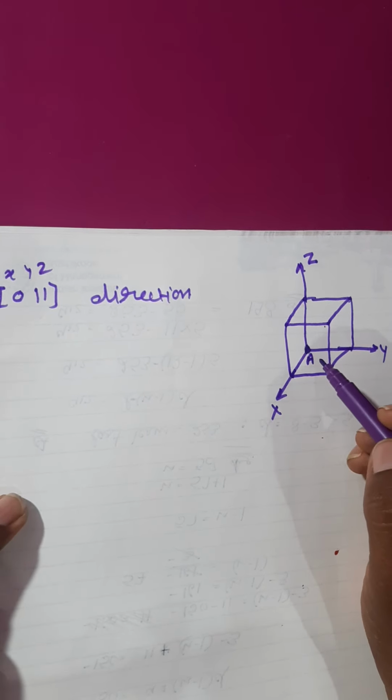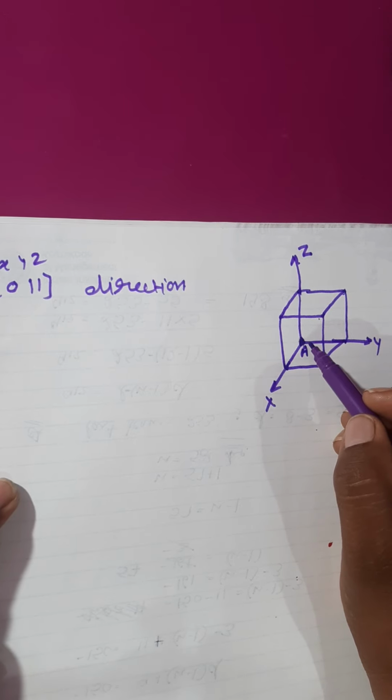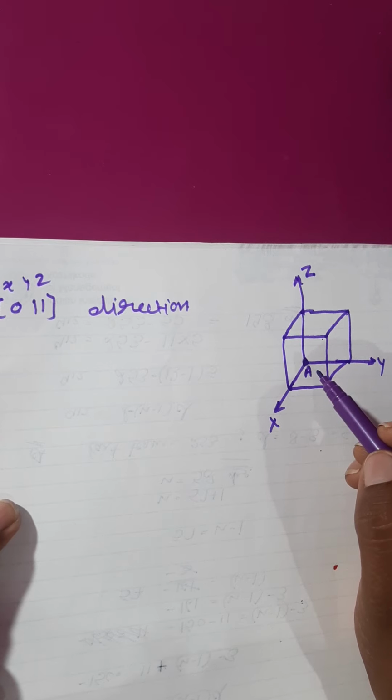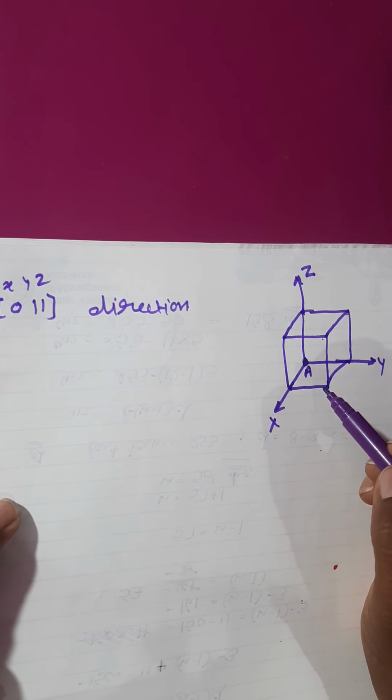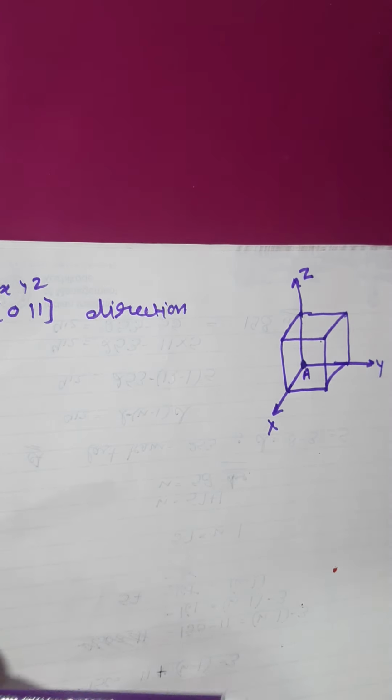So from point A to x direction, the value is 0, so we do not move towards the x-axis, and the value of y is equal to 1, so we will move 1 unit toward the y direction.